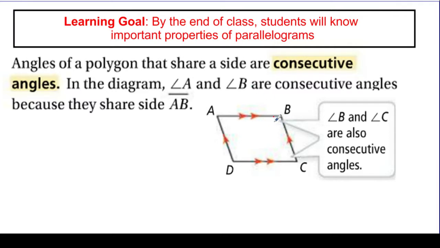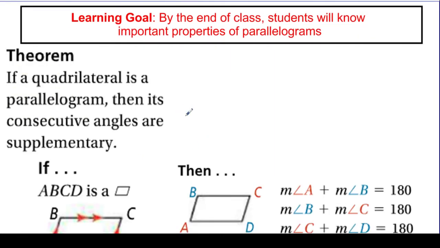If I was looking at angle B, traveling straight across the same line, B is right next to A, and B is also right next to C, so B is consecutive with C, and B is also consecutive with A. Our property is that consecutive angles are always going to be supplementary to each other.